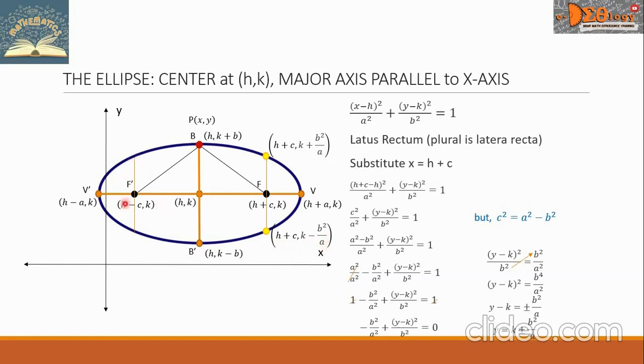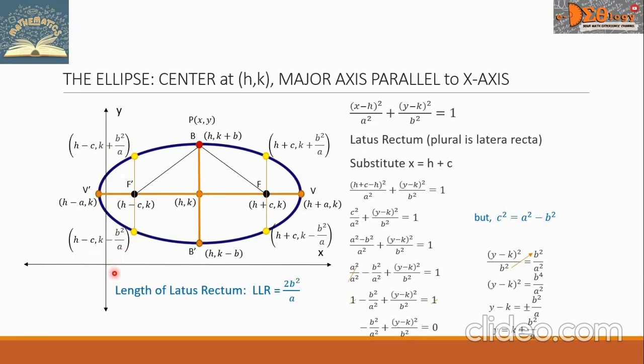While the other latus rectum will have the same idea, it means the endpoints are here. The coordinates are (h minus c, k plus b squared over a), and the other endpoint has coordinates (h minus c, k minus b squared over a).